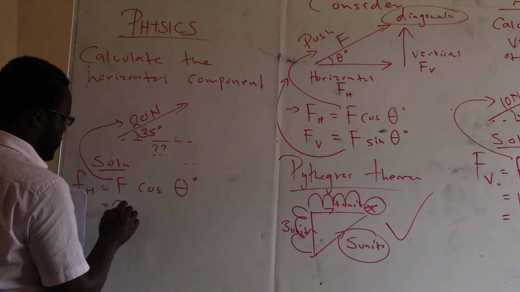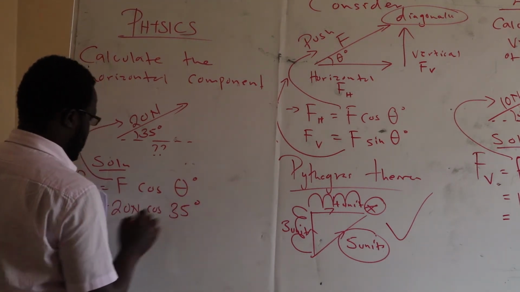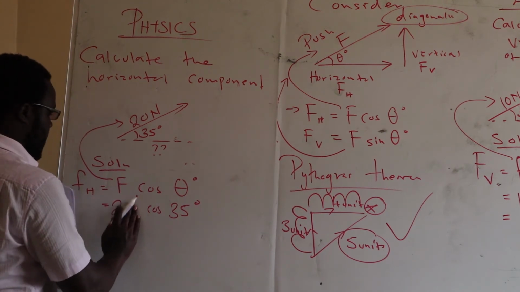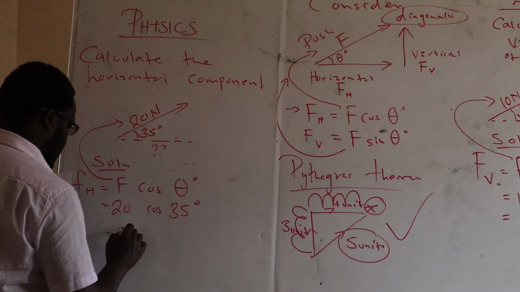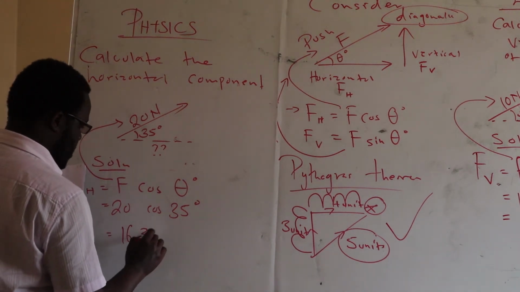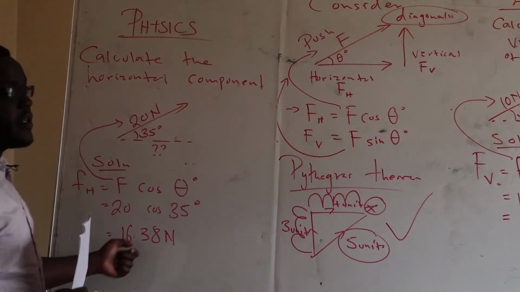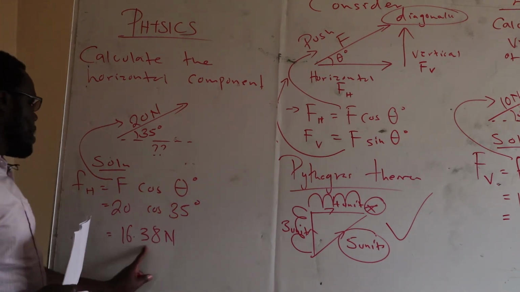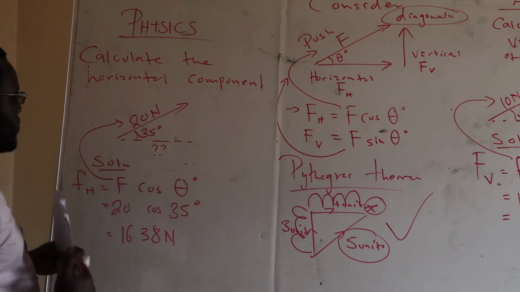So this will be 20 cos 35 degrees. That gives us 16.38 newtons. That will be the force that is experienced horizontally on the surface, which is on the ground.